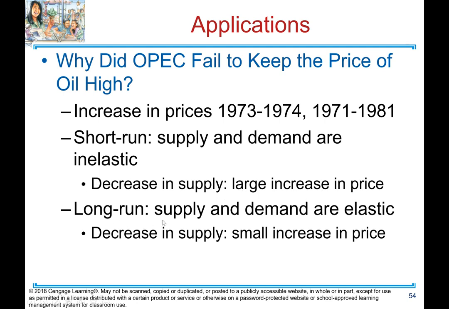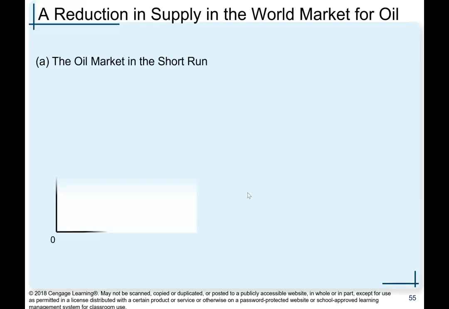In the long run, supply and demand are elastic. A decrease in supply will lead to a small increase in price. OPEC could raise their revenue in the short run when supply and demand are inelastic, but in the long run, when both are elastic, they cannot sustain that higher profit.